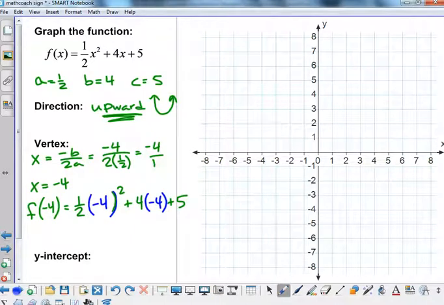And -4 squared is 16, so that's 1/2 times 16 plus 4 times -4, which would be -16, and plus 5. 1/2 of 16 is 8. 8 minus 16 would be -8 plus 5. Gives us a y value of -3. So real quickly, our vertex is -4, -3.